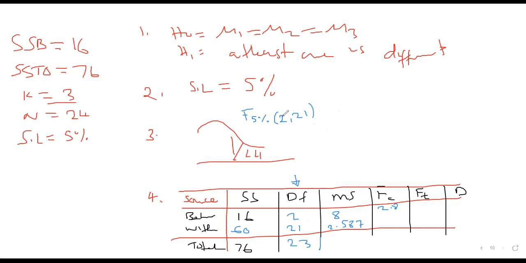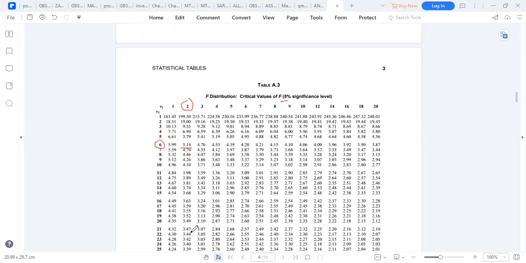So let's read 2, 21 in the table. Any questions so far? Are you following so far? So let's go to the table. 2, 21. So 2, 21, one is there. So this is 3.47.